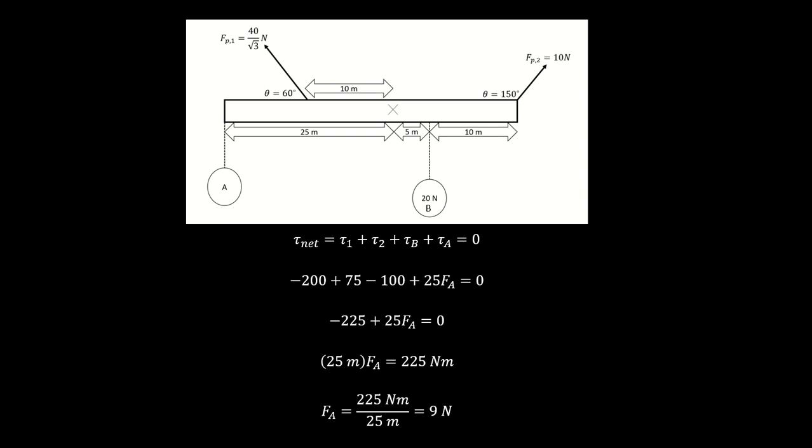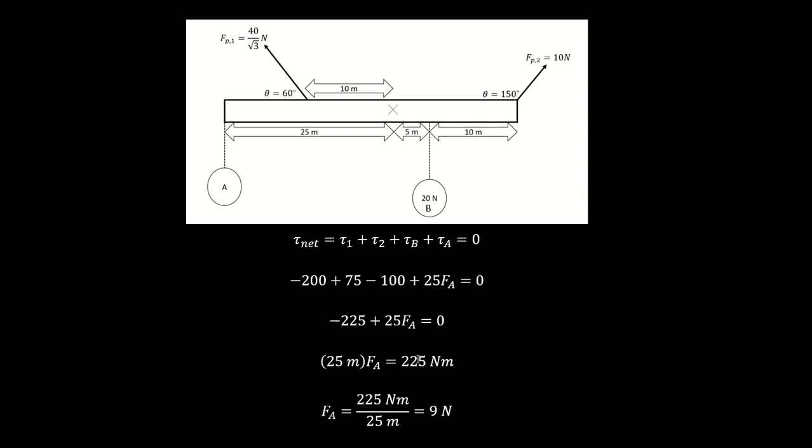Well then, we're told to solve for the weight of A, assuming that we're at rotational equilibrium, or that the net torque equals 0. Net torque is going to be the sum of all these subtorques. -200 plus 75 plus -100 plus 25 F of A has to equal 0. Well, combining these numbers, that's -225.